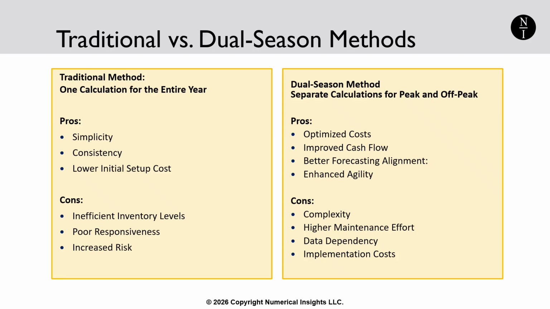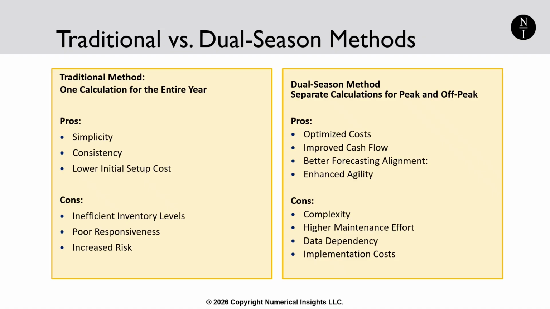Now for the cons. It's inefficient for inventory levels. It often leads to overstocking in off-peak seasons, inflating holding costs, typically 20 to 30% of inventory value annually. Conversely, it might understock during peaks if averages dilute high demand variability, risking lost sales.